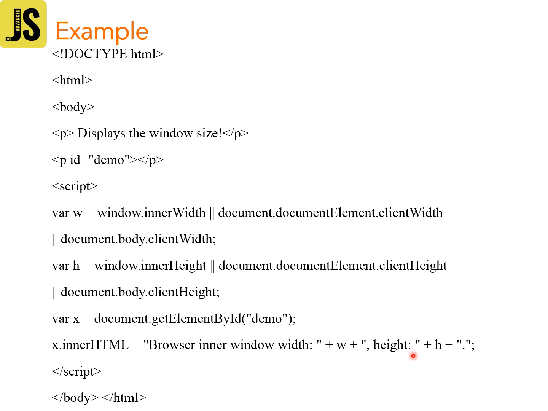Then the height will be displayed using the variable h. The script is closed, body is closed, and HTML tag is closed. So this is a simple example for accessing the width and height of a particular browser.